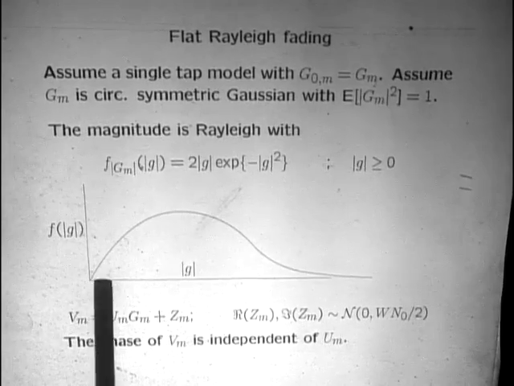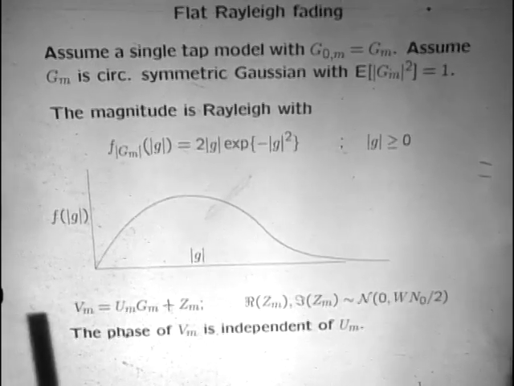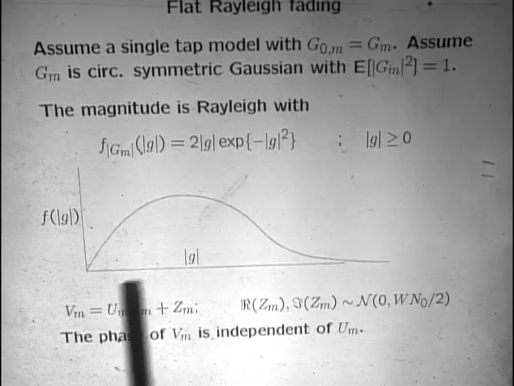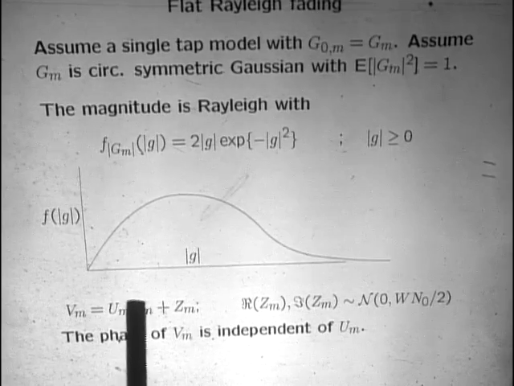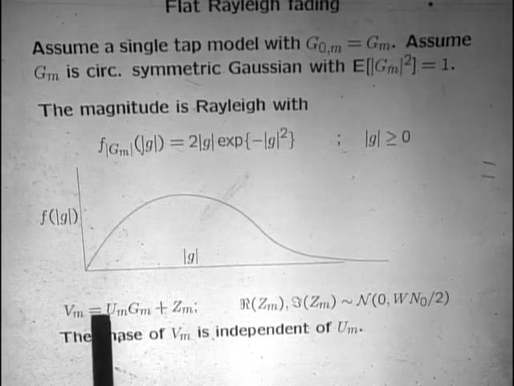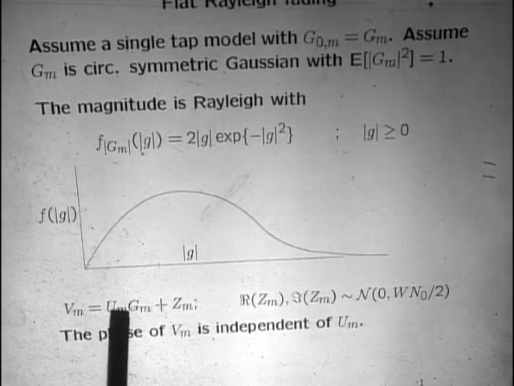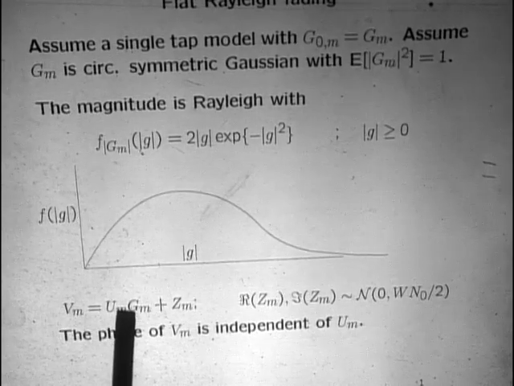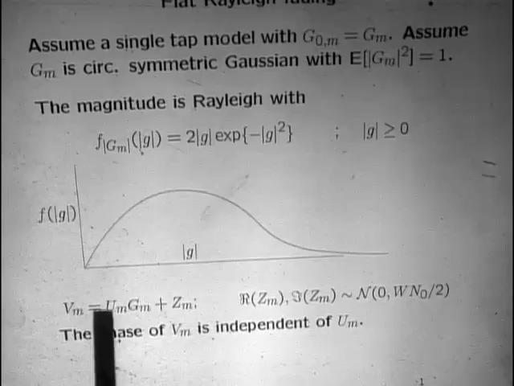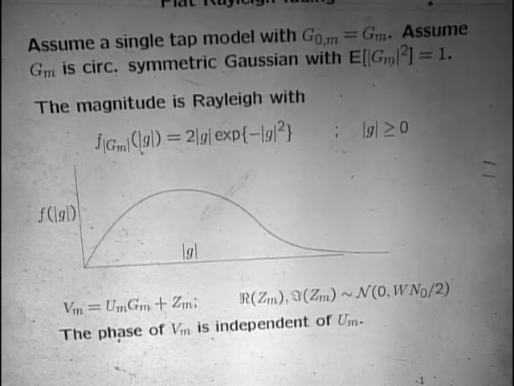This density looks like this. I wanted to draw this so that it would emphasize the fact that the magnitude is, in fact, always non-negative, but also to emphasize the fact that there's a whole lot of probability down here where there's very, very little channel. And this is, in fact, what gives rise to the fact that if you try to communicate over Rayleigh fading, and you don't make any use of diversity, and we'll talk later about diversity, in fact, you can't communicate very well at all.